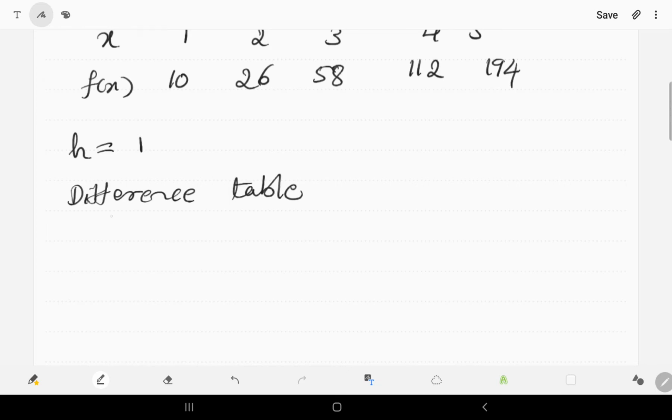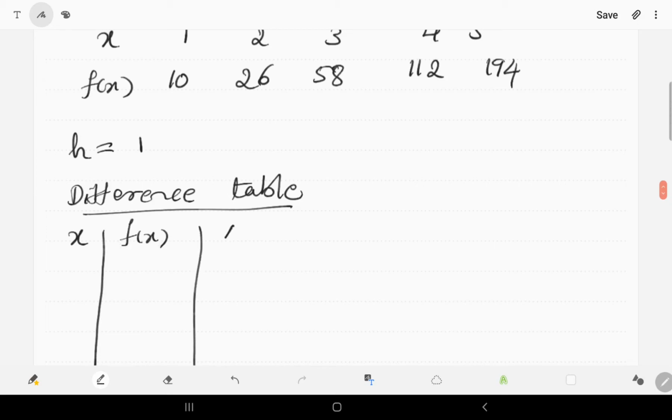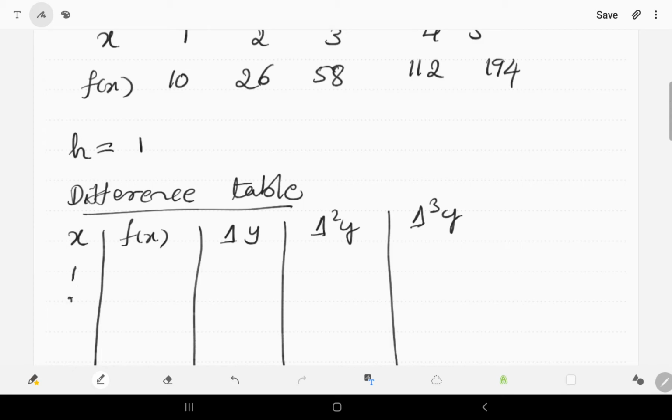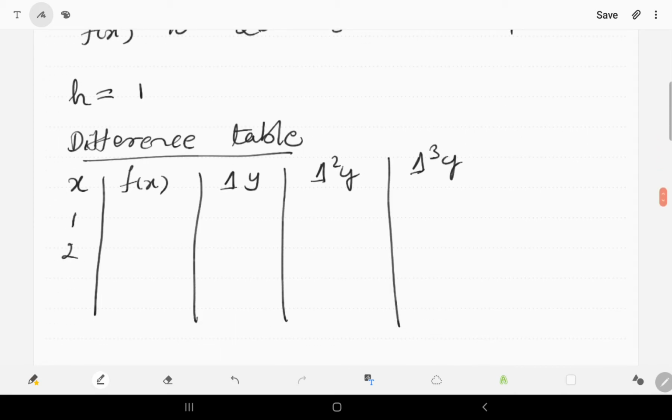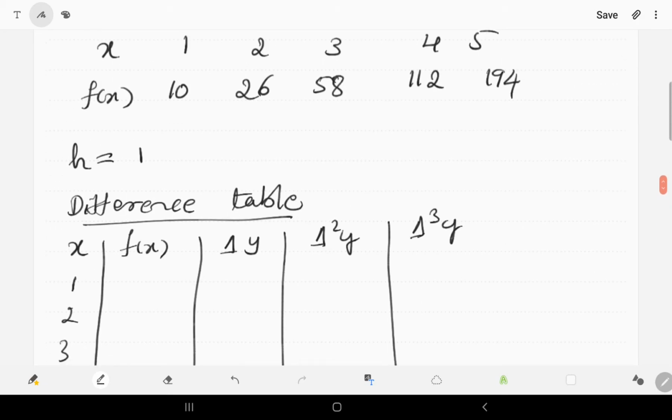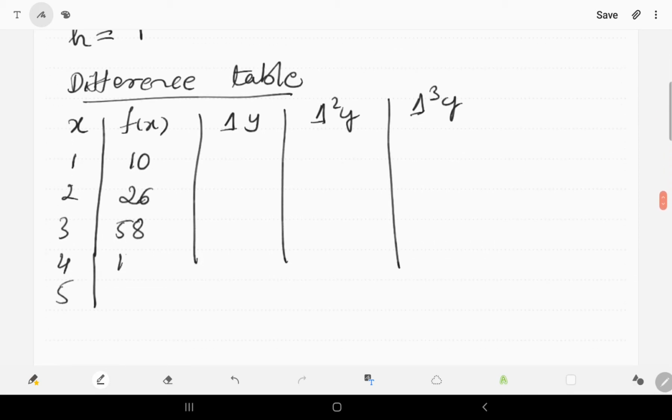This is x, f of x, delta y, delta square y, delta cube y and so on. X are 1, 2, 3, 4, 5 and f of x 10, 26, 58, 112, 194.